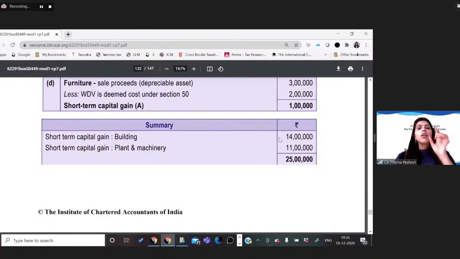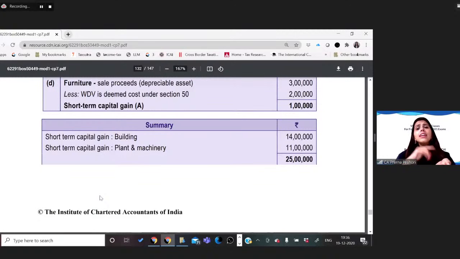The incidence of long-term capital gain is always higher than the short-term, so it is not necessary that if you have purchased building, you have to adjust only against building. You can claim purchase of building against plant and machinery also, against building also.